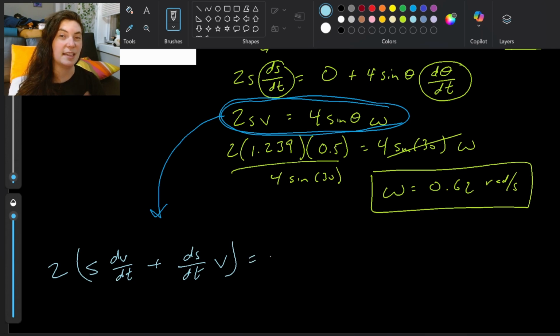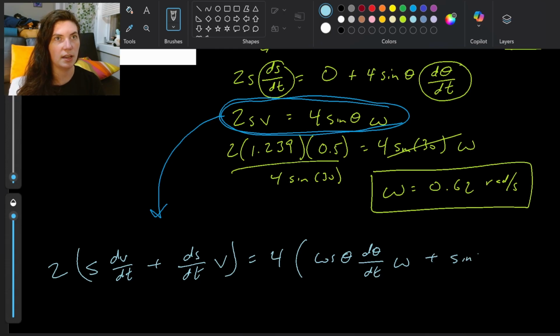And we've got to do that exact same thing for the other side of our equation when we're taking this derivative. It's going to be 4 times our derivative of sine, which is cosine theta d theta dt, that's times omega, plus our original sine theta, and then the derivative d omega dt.